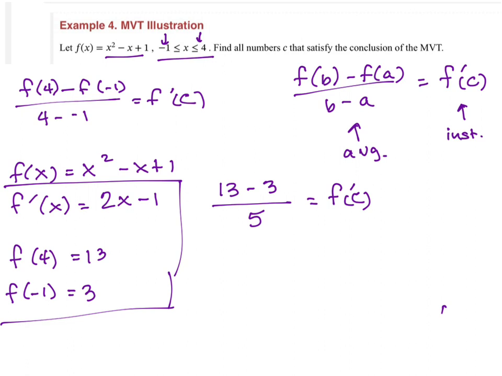Well, we just found f prime of x to be what? So why don't we set that 2x minus 1 equal to our average rate of change? 13 minus 3 is 10. 10 over 5 is 2. 2 equals 2x minus 1. So what is x that would make this true? 3/2.